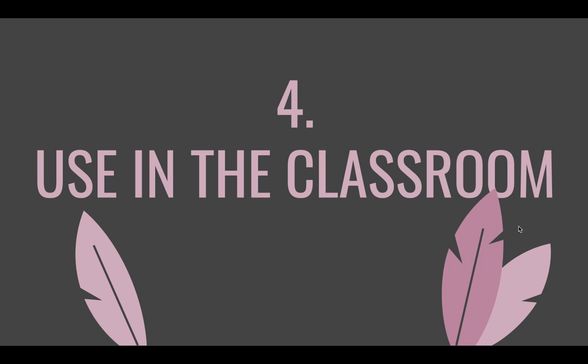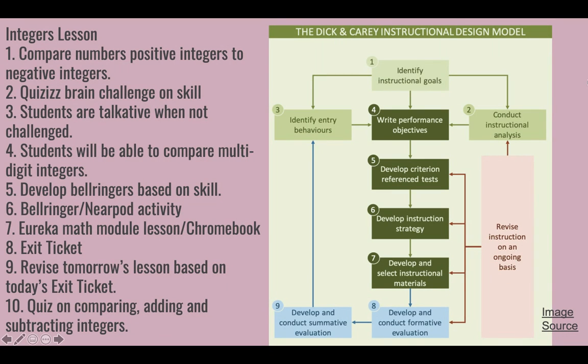Now for the use in the classroom. I'll be really quick for the sake of time, and talk about how I use the Dick and Carey model in my classroom. The very first step is I set my goal, which in this case is to be able to compare numbers, positive integers to negative integers. Then after that, my instructional analysis, my skills required.